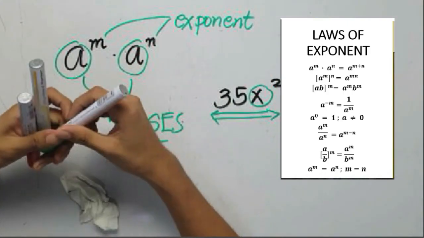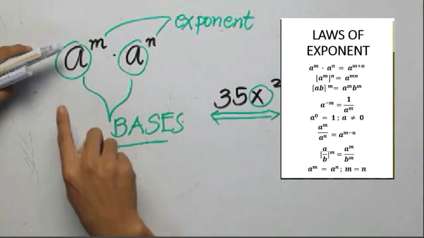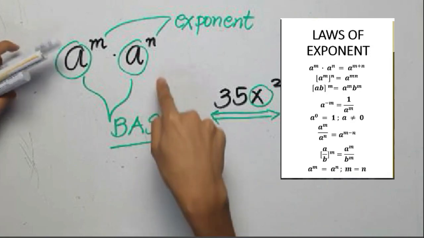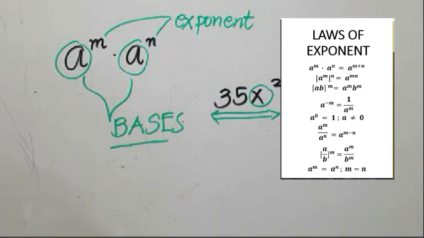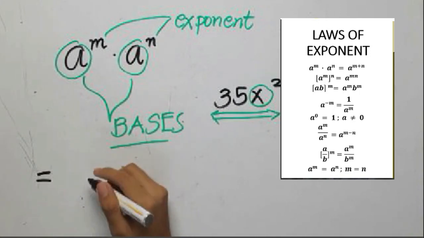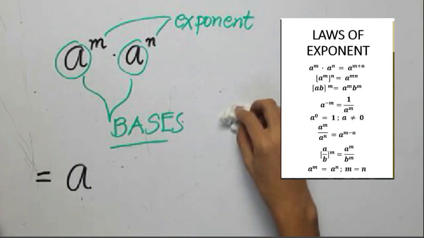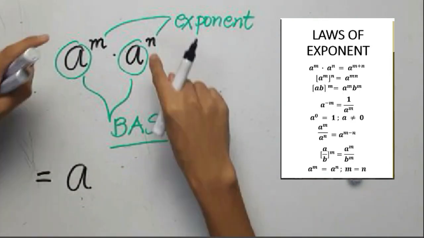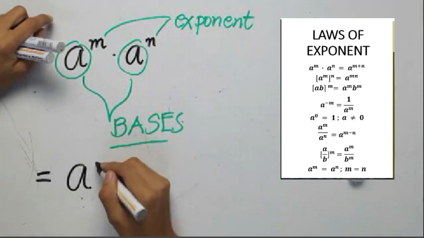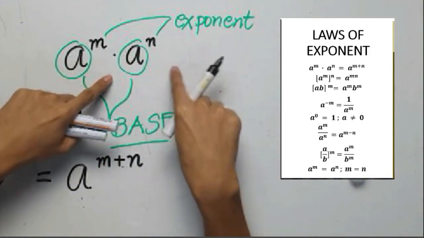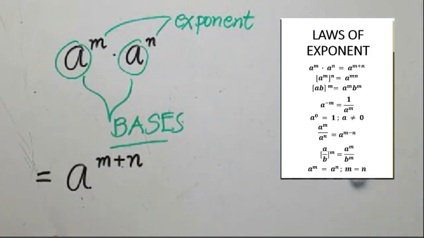If same sila ng bases, katulad nitong pinakita natin na example, a raised to m times a raised to n, pwede lang natin i-copy yung bases nila, and then yung gagawin natin sa kanilang exponent ay we will just add their exponent. So yung a raised to m times a raised to n will be just equal to a raised to m plus n. So basically i-add lang natin ang exponent.